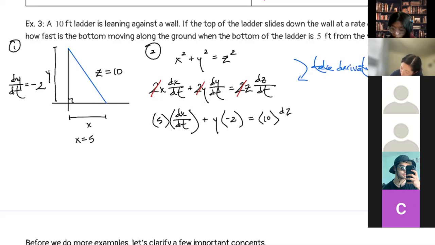I do not know dz dt yet. Okay. So it kind of looks like, even though we labeled our diagram with everything from the word problem, we still don't have enough information. Okay. Now, of the 3 things that we don't know, like we don't know dx dt, we don't know y, we don't know dz dt, which one of those is the question asking for?